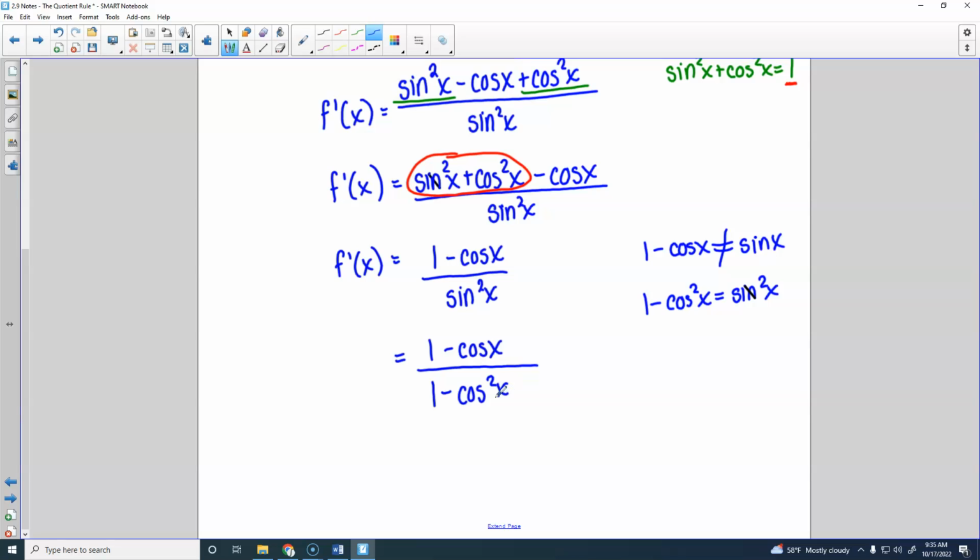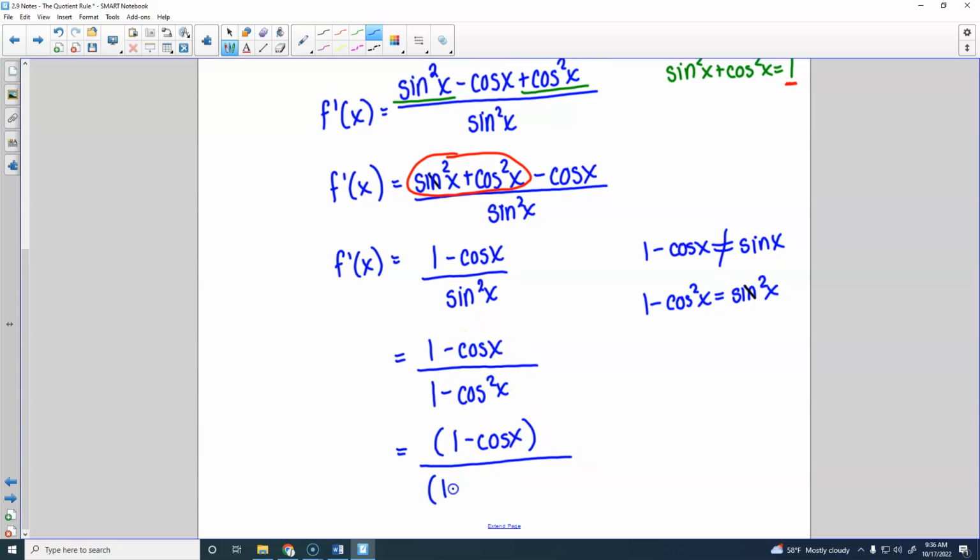Okay? What now? Alright, the numerator's just going to stay the same. I cannot cancel. It seems like I should be able to cancel one of those cosines with one on the bottom, but I cannot.